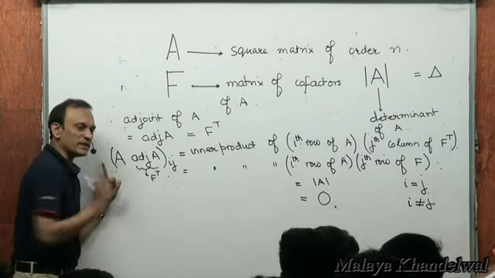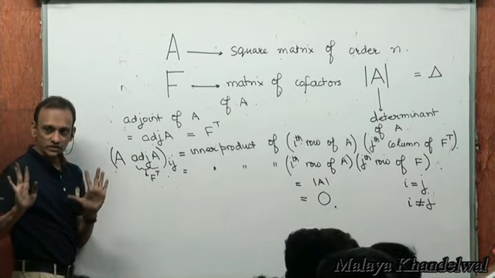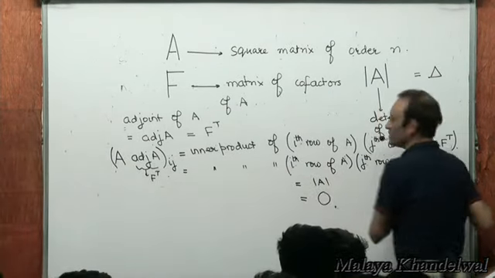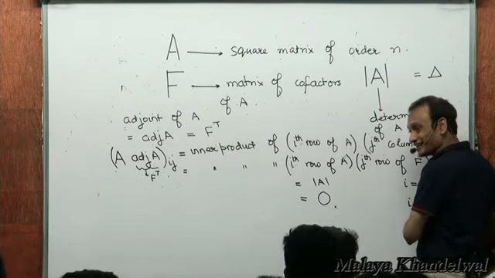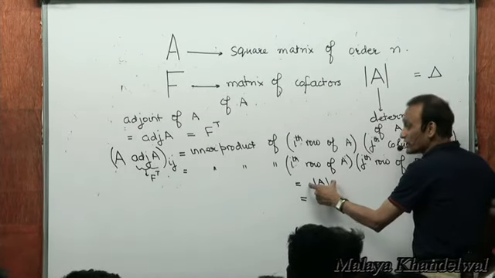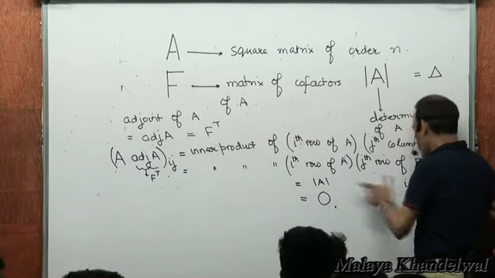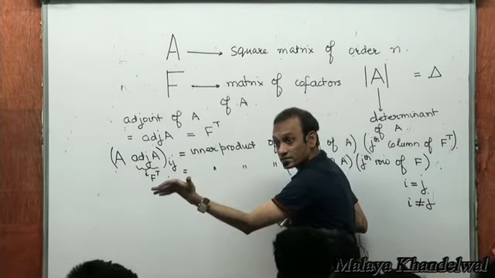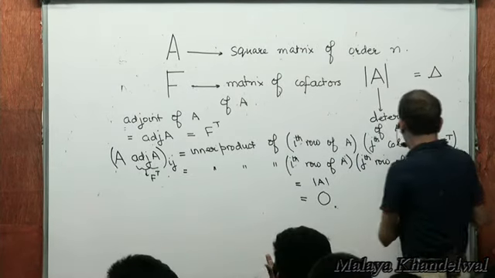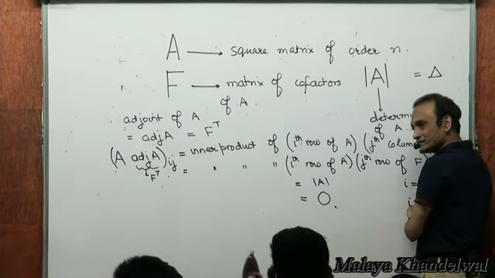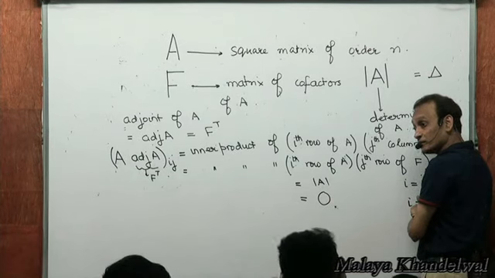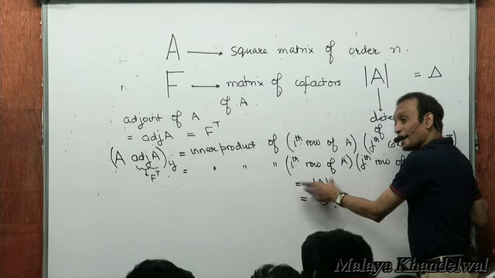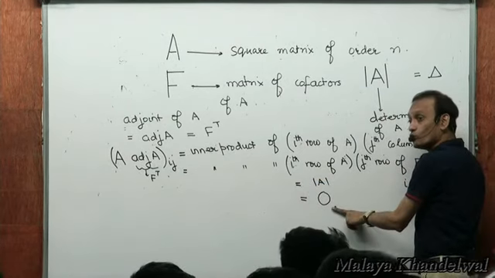A adjoint A is a matrix whose diagonal elements, where I equals J, are each a number equal to determinant A. And the rest of the elements are 0.